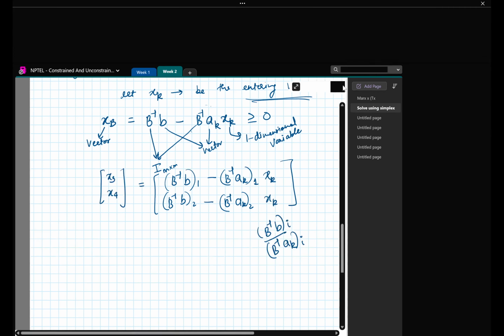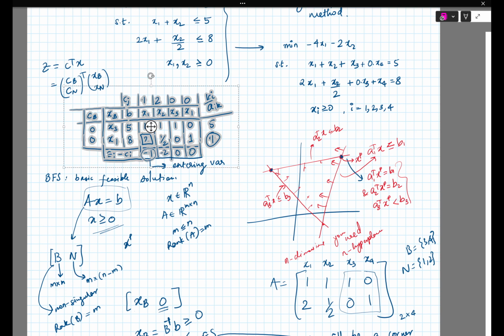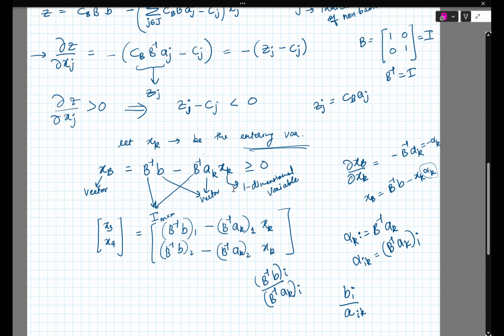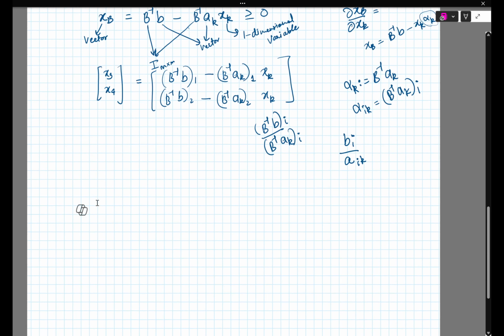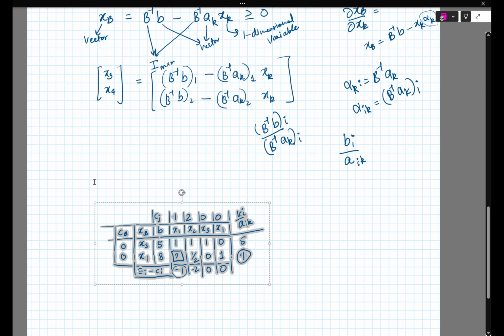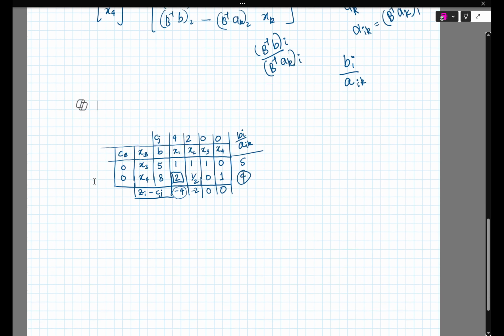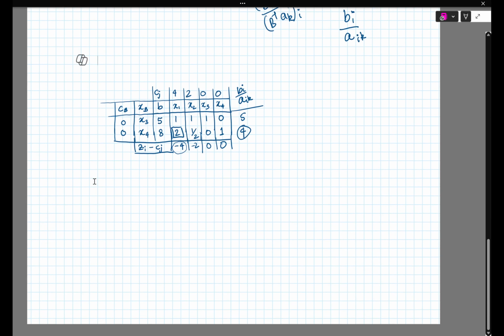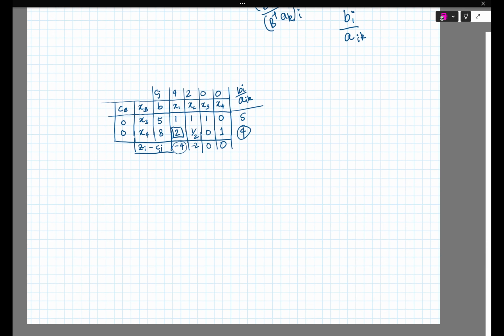So let me copy this. Most of the things will be similar, like this CB thing we again have to use. So let me just extend this.